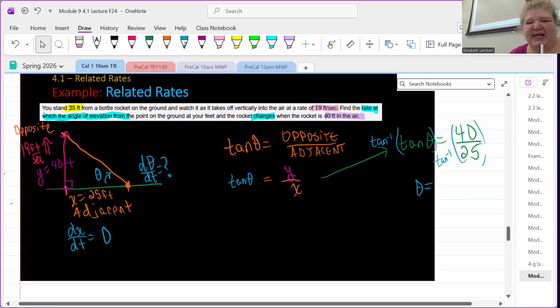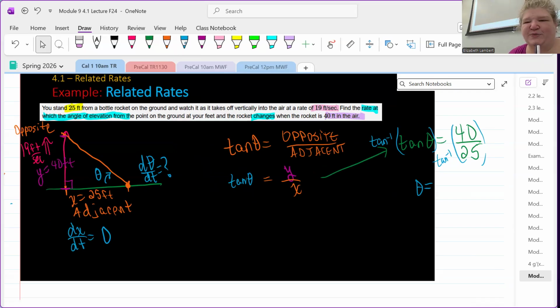Now, what they didn't tell us is if we should be in degrees or radians. So if this was a problem from WebWork, WebWork would tell us if they wanted it in degrees or radians. Generally, though, if you're not sure, unfortunately, the answer is go with radians.